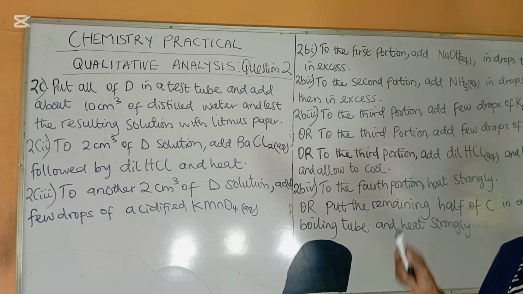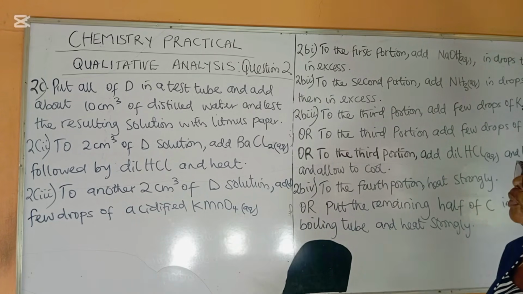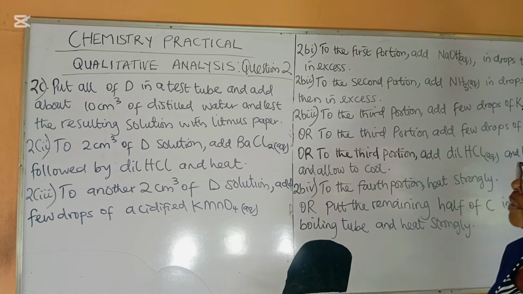For the second sample, which is sample D, that's supposed to be 2C. Put all of D in a test tube and add about 10 cm cube of distilled water and test the resulting solution with litmus paper. In case they didn't ask you to test with litmus paper, don't bother commenting. But if you are asked, you can write it when I go to the solution side. Then 2CII.